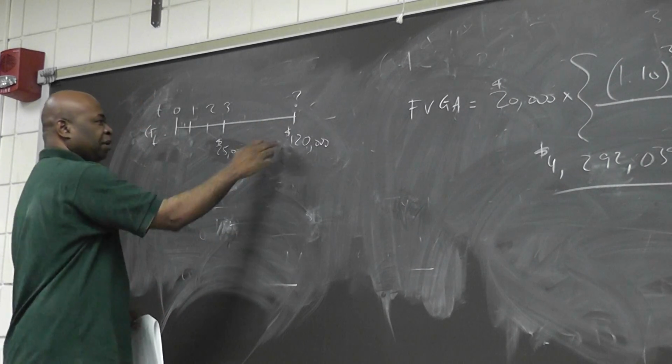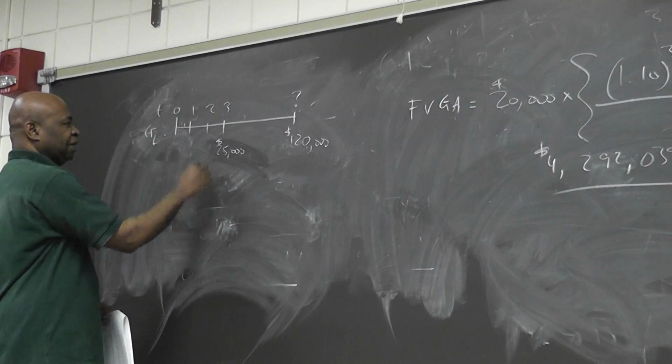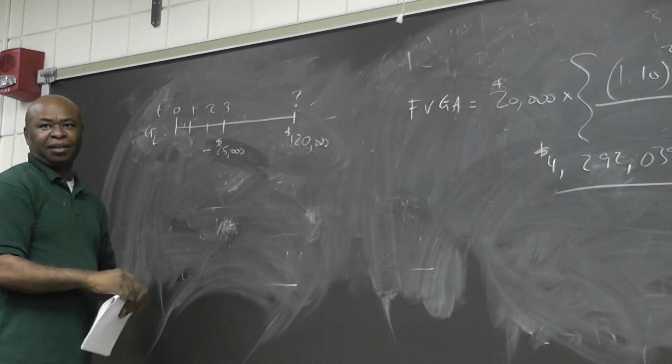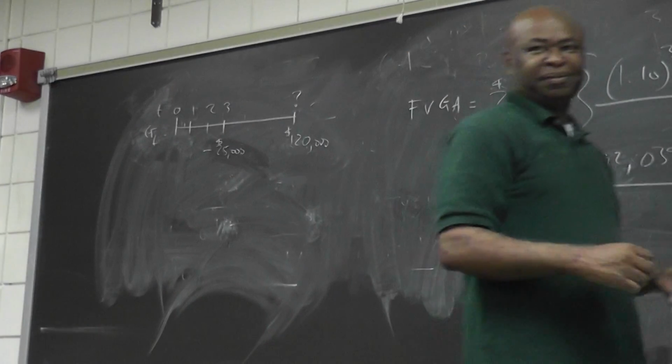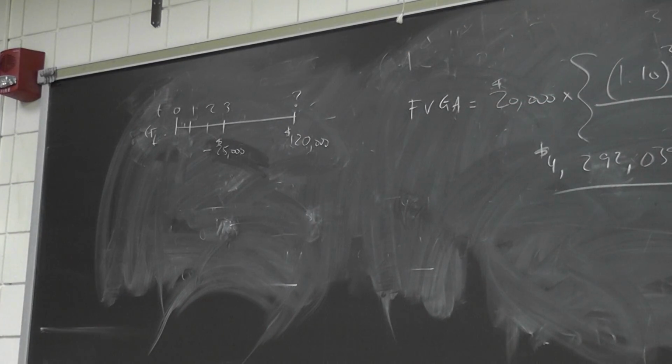So obviously, one of them has to be an outflow, and the other an inflow. Because once you receive your 25,000 in year 3, then you invest it. And then the question is, how long do you have to wait from today?